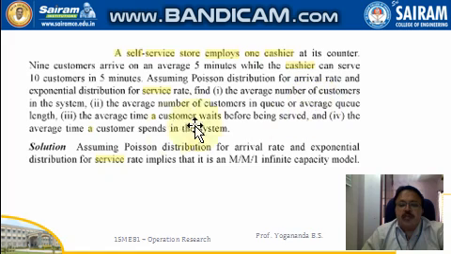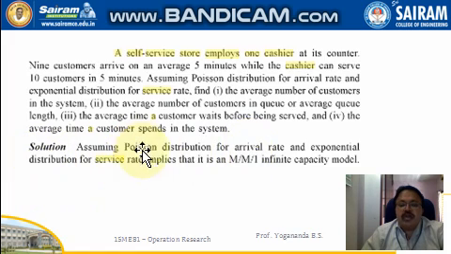So the average number of customers in the system, those who are waiting as well as those who are in the servicing line. Then the average number of customers in the queue, that is, who are standing in the queue alone. Then the average time a customer waits before getting service, that is, before coming to the service counter, how much time a customer spends on average.